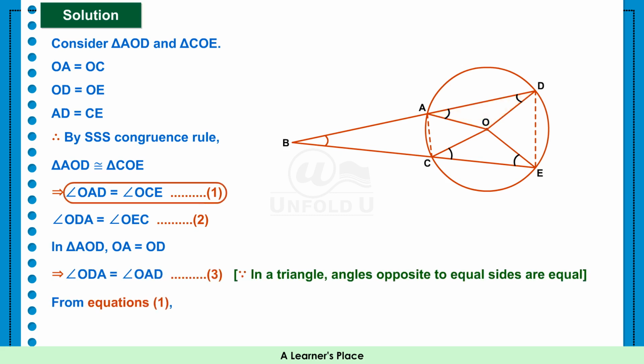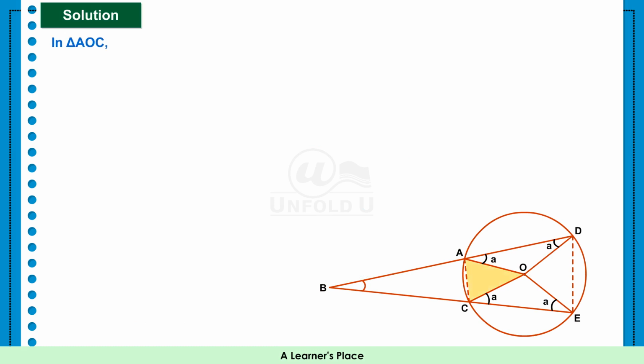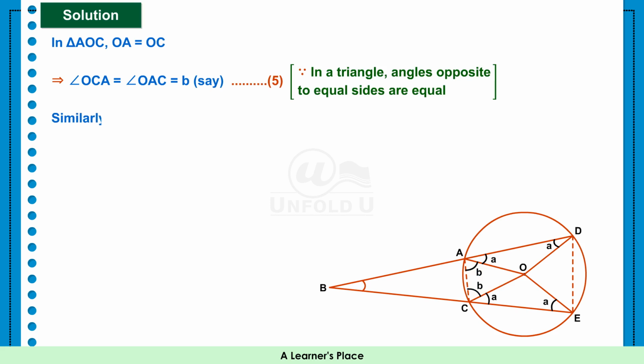From equations 1, 2 and 3, we get angle OAD is equal to angle ODA is equal to angle OCE is equal to angle OEC is equal to A. In triangle AOC, OA is equal to OC, which implies that angle OCA is equal to angle OAC is equal to B. Similarly, in triangle DOE, angle ODE is equal to angle OED is equal to C.